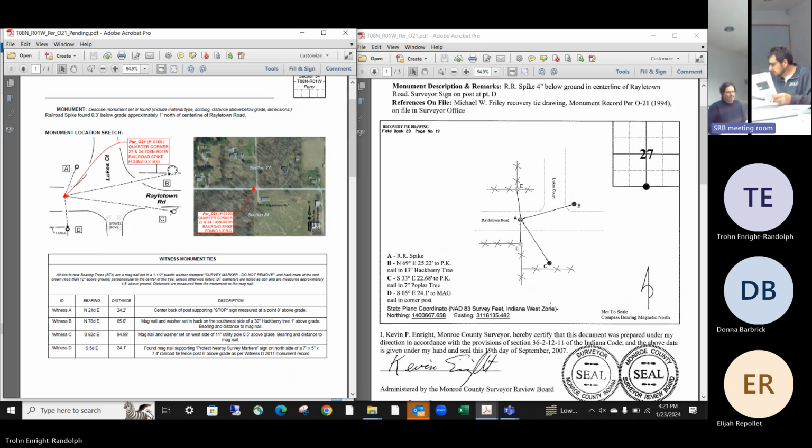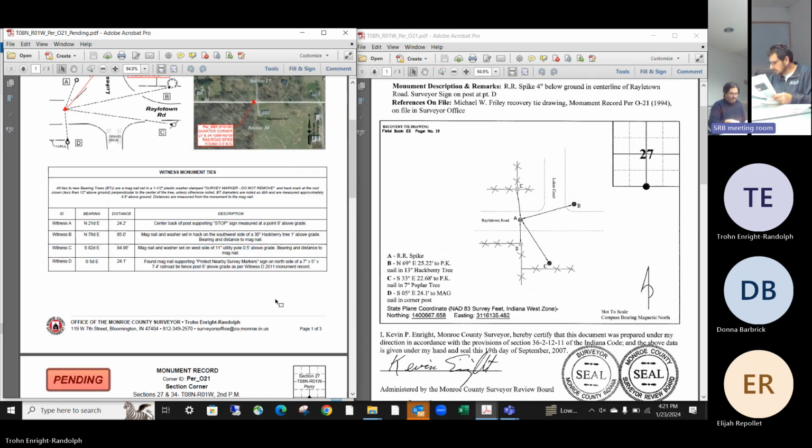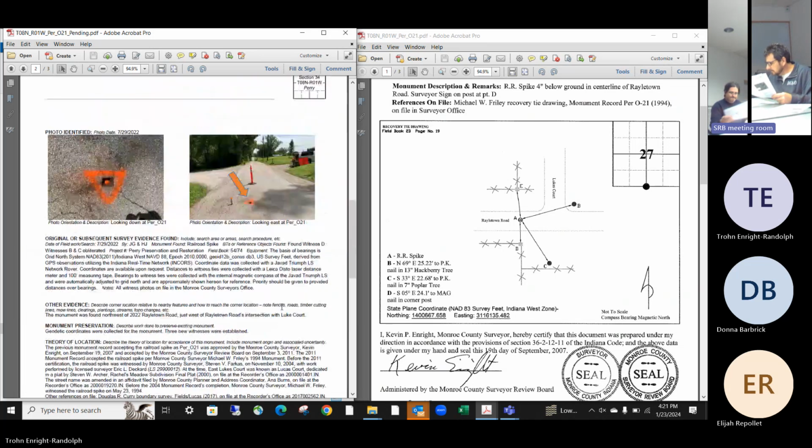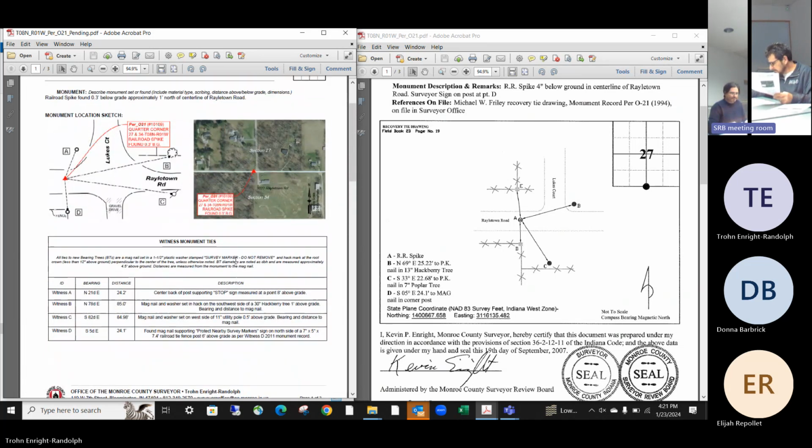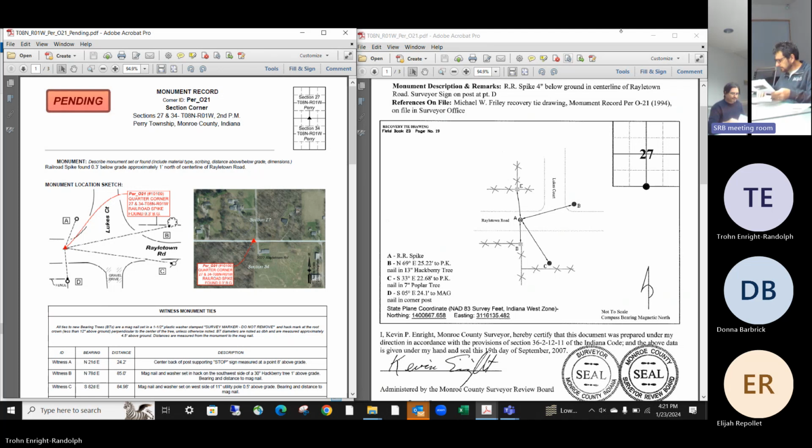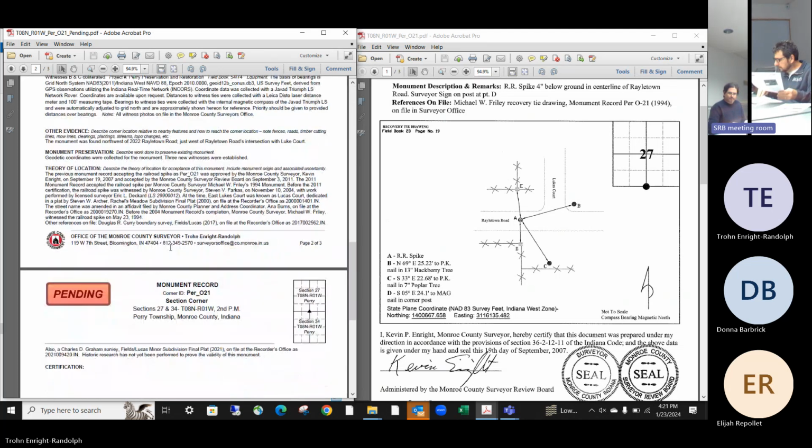Yeah, and I think we might have looked at the one I was confused with in the past meeting. So outside of the history of it, we still have the same monument, and there are a lot of surveyors that have used this recently.